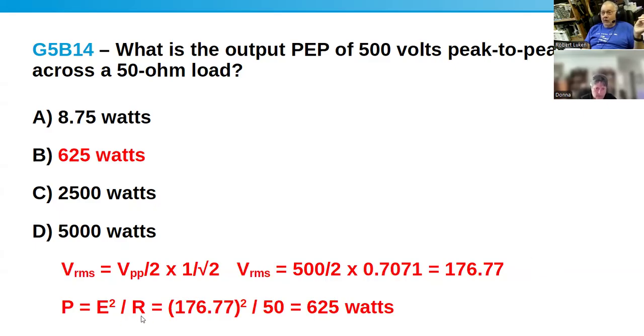So E squared over R. So we square the 176 and divide it by 50, and you should come out with 625 watts. I forgot to square it. That's why I wasn't getting a number that I thought looked right.